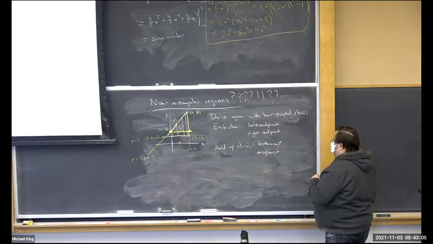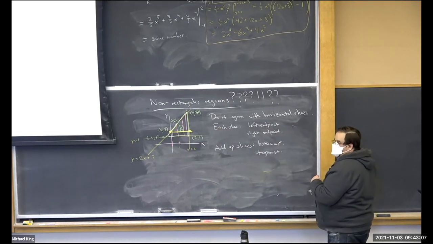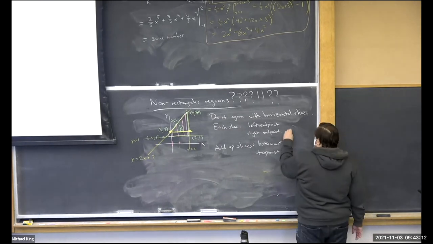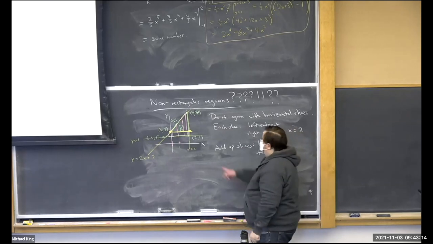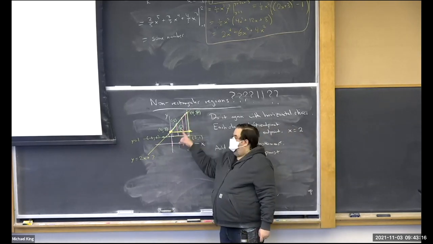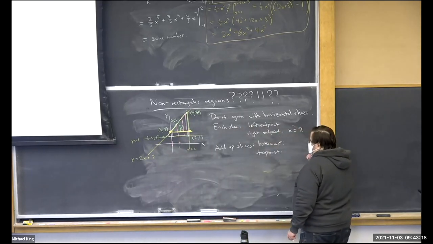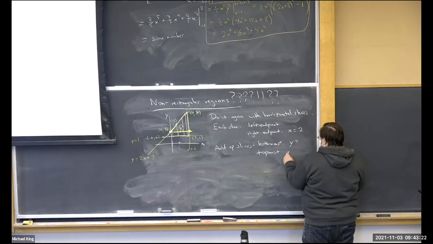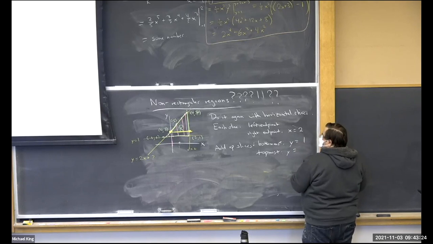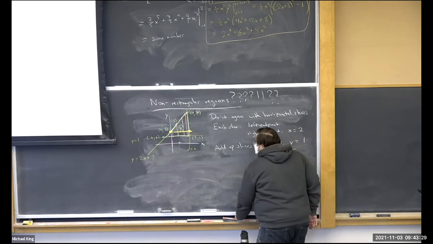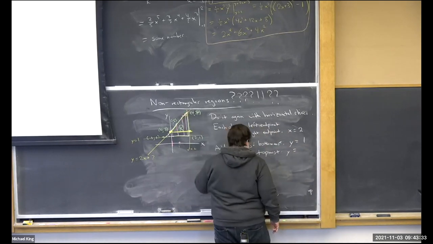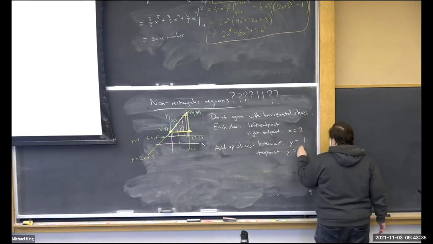What's the right endpoint of any slice? X equals 2, right? All the slices end up at the same x value. What's the bottommost slice? Y equals 1, and the topmost slice? They get smaller and smaller, but they go all the way up to y equals 7.